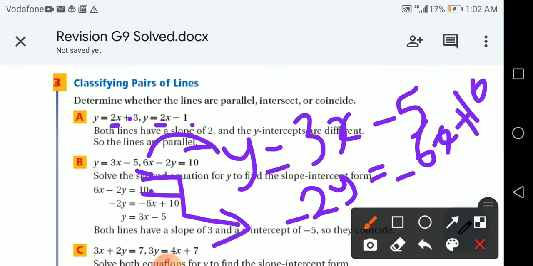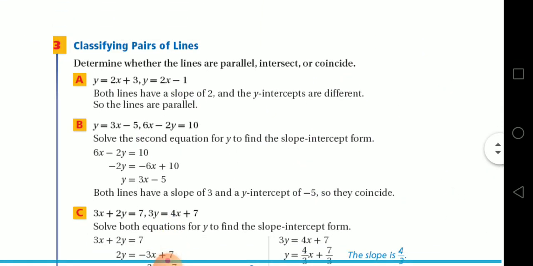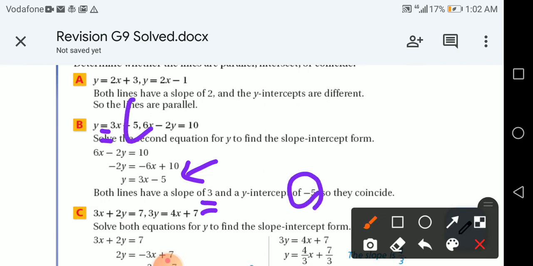I need y alone, so I divide by the coefficient, divide by negative 2. So y equals positive 3x minus 5. When I have this answer, they have the same slope 3 in both lines, and negative 5 and negative 5, so they coincide: same slope, same y-intercept.